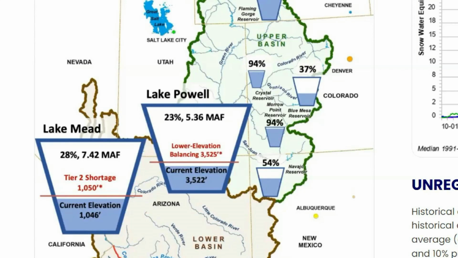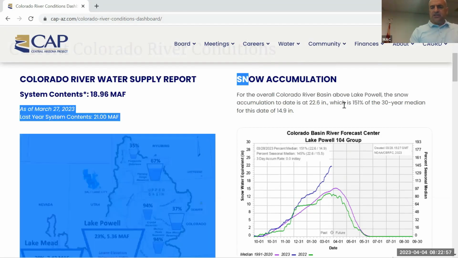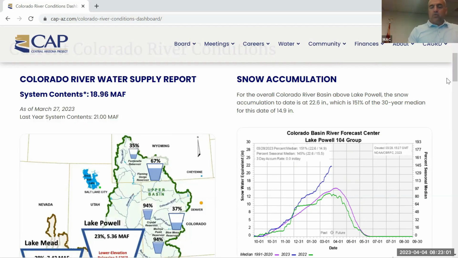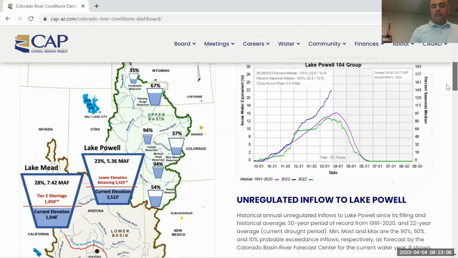What we typically lead off with in our presentations to our board is the system contents. Here you can see this map up here on the left. It's a very quick and dirty teacup diagram representation of the major reservoirs in the upper and lower basin.